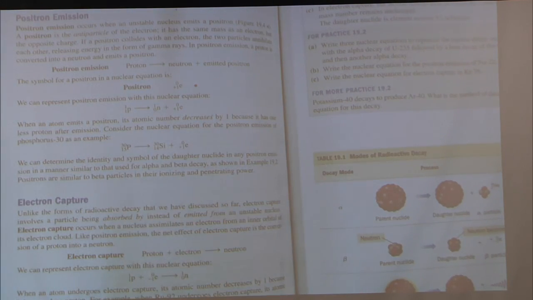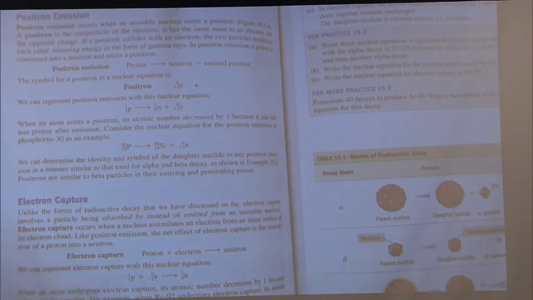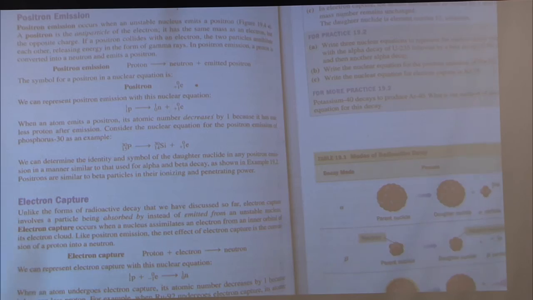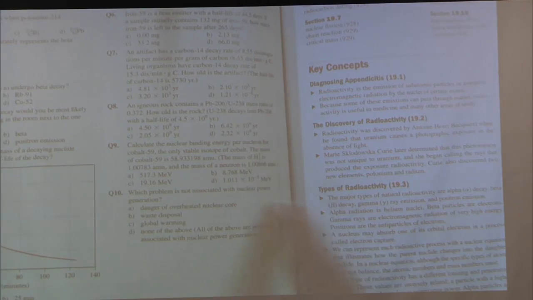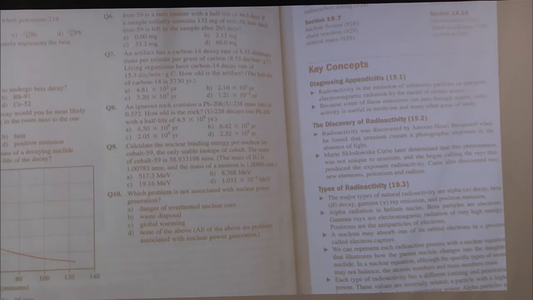I would go through those 4 examples, and you should be okay with chapter 19. Like I said, I didn't like the questions in the back of that chapter, but I would Google ACS questions regarding chapter 19. So if you want to do extra practice on those, I would look for those online.